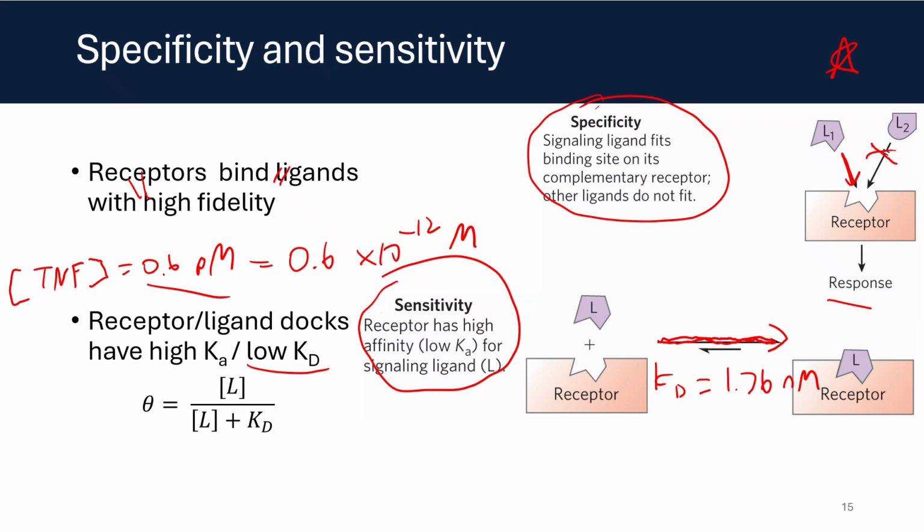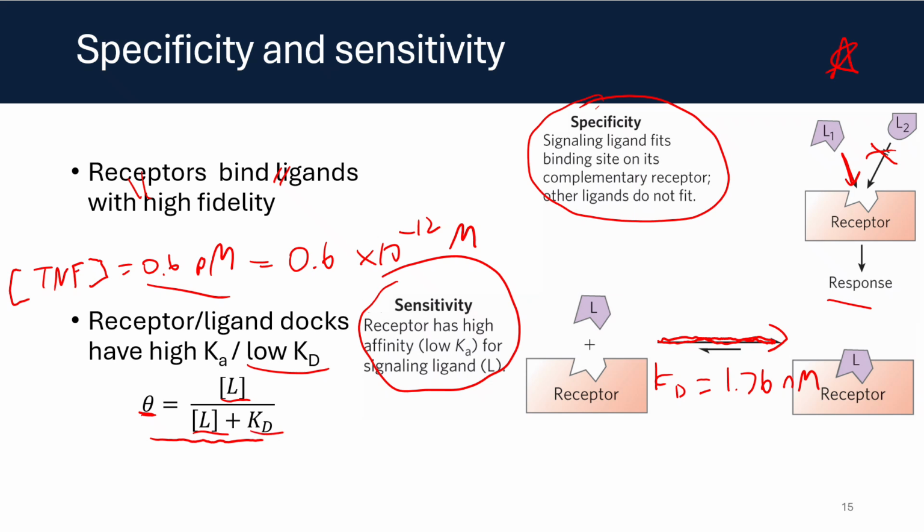To answer that question, this equation down here will tell us what percent of receptors are bound, theta, at a given ligand concentration, L, assuming it has an affinity, Kd.